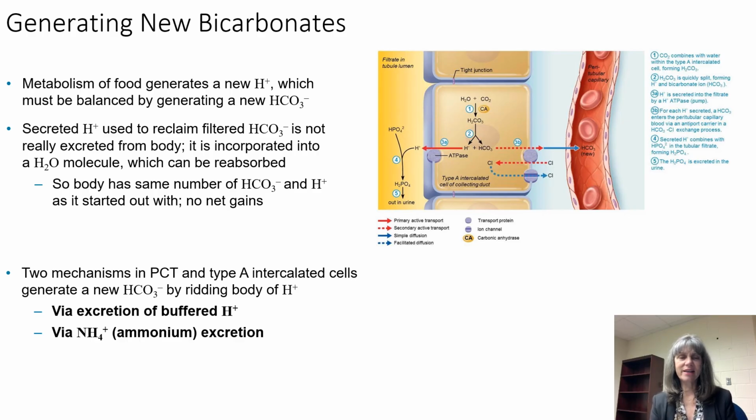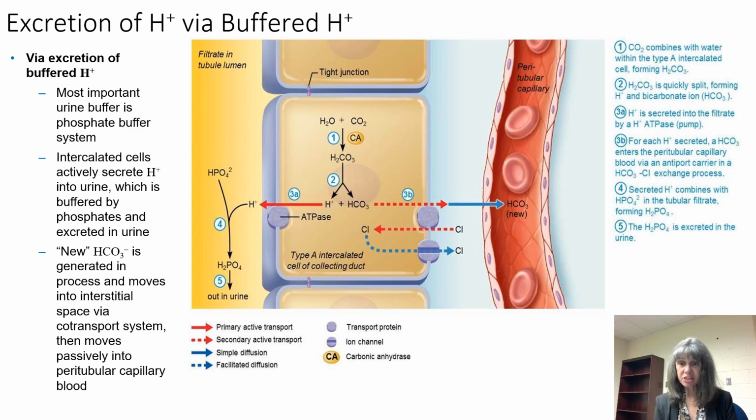So it's a mechanism that occurs by way of excretion of a buffered free hydrogen ion and by way of excretion of NH4+, which is a molecule of ammonium. So let's first look at the excretion of a free hydrogen ion by way of buffered hydrogen. And the most important buffer in our urine is going to be by way of the phosphate buffer system.